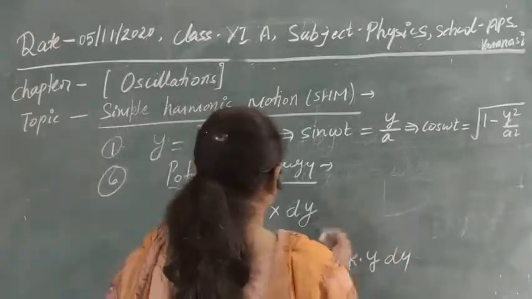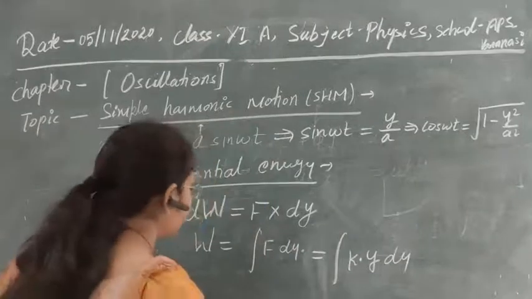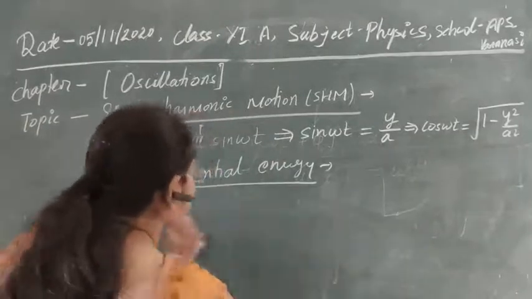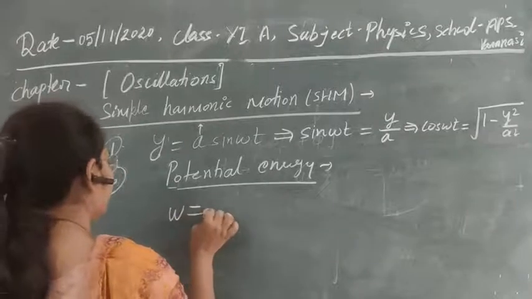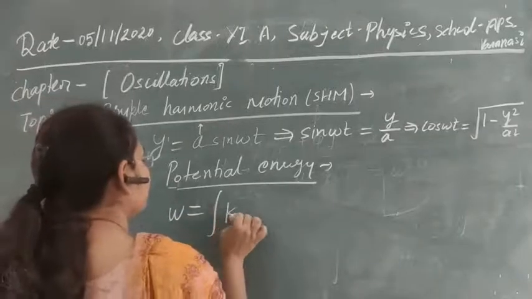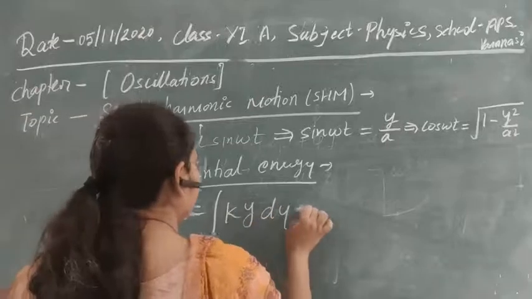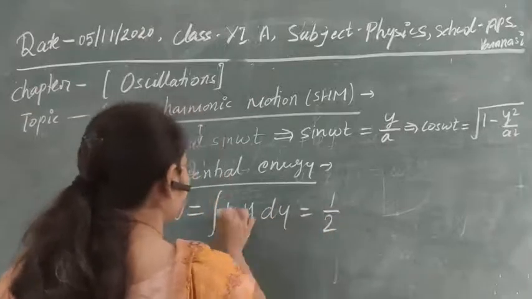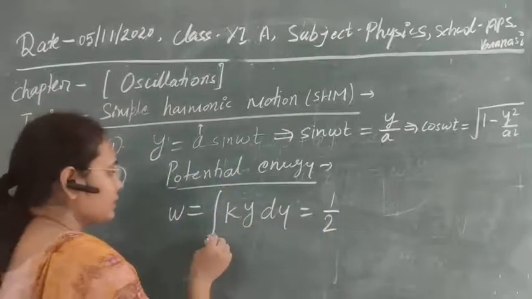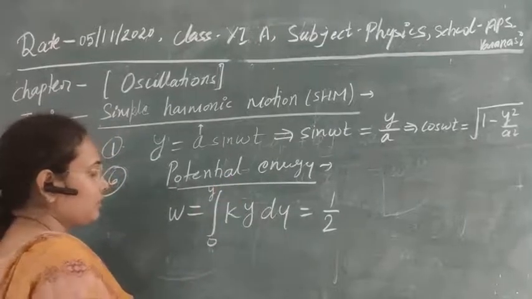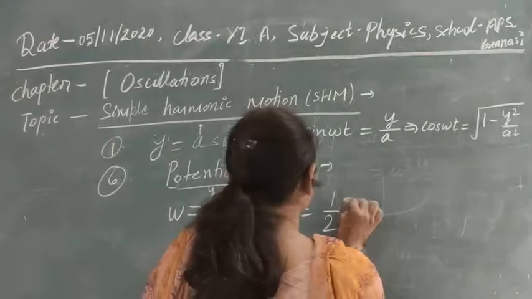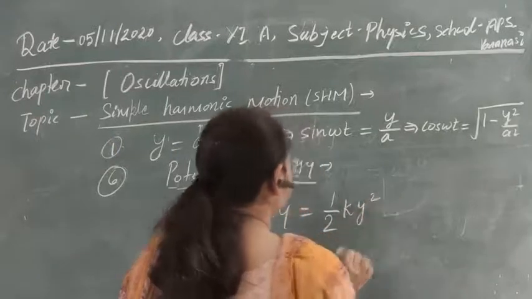So the final work done is W equal to the integral of Ky dy, and after integration from 0 to y, obviously this displacement starts from 0 and goes to a maximum of y, we get half K y square.